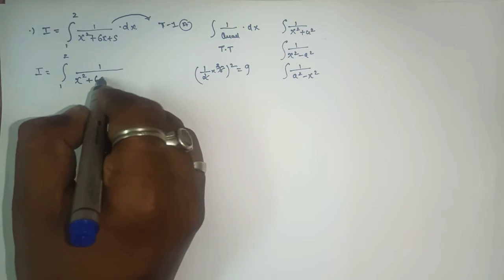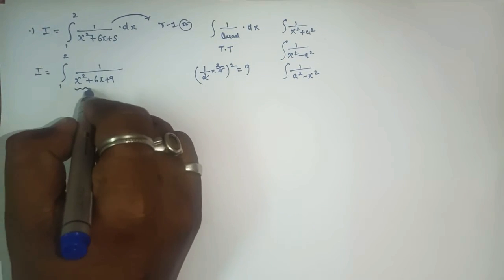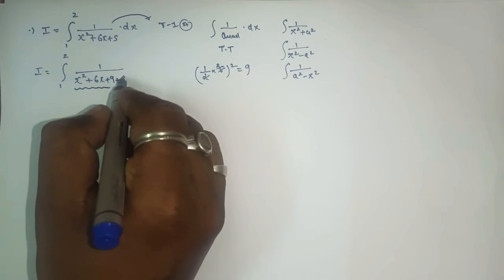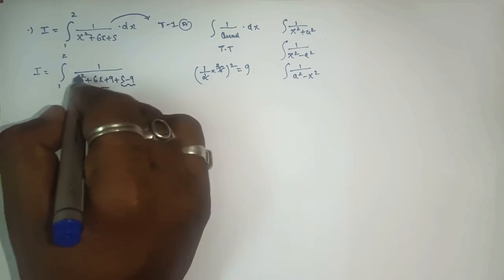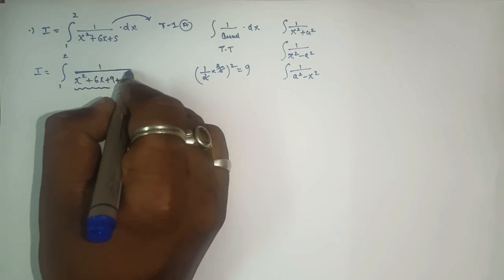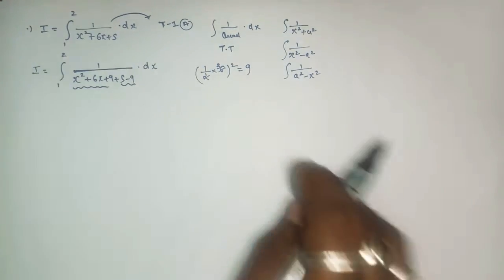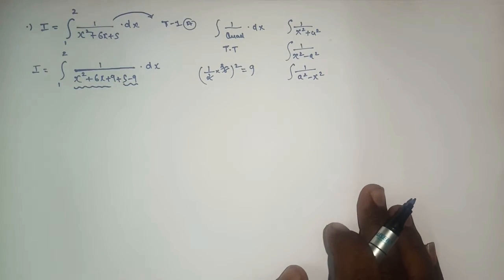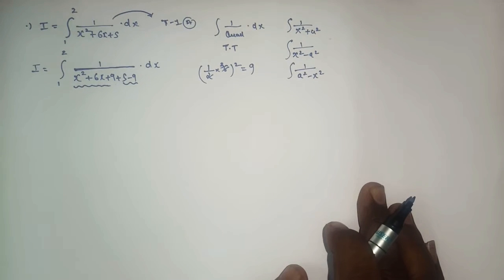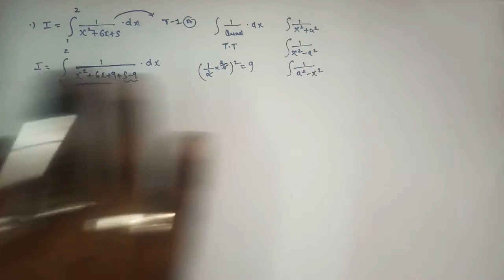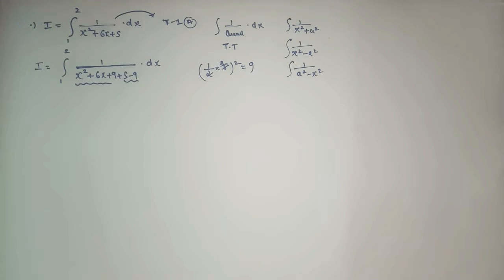You will add that 9 to the alphabet, yes or no, as per the rule, and you will subtract that 9 from the number, as this whole thing we added in the integration. As I told also, type number 1 will play an important role in many types, yes or no. So you must know how to solve these types of sums.